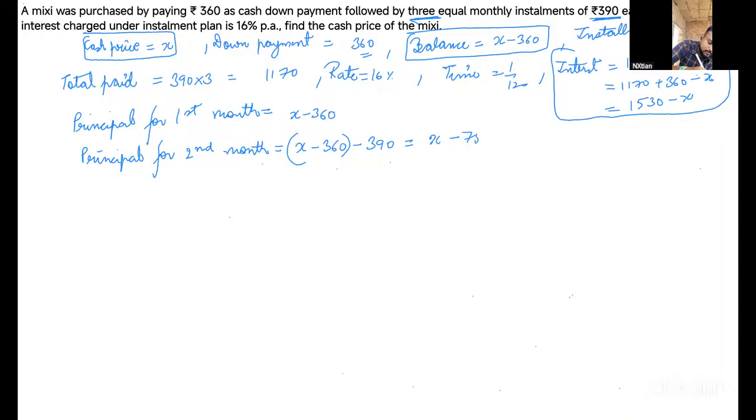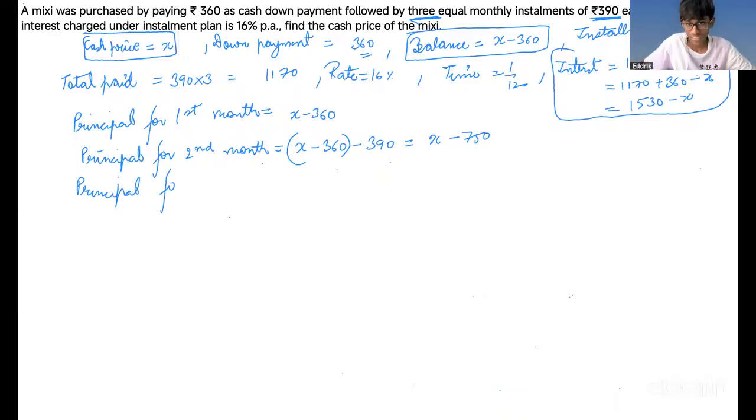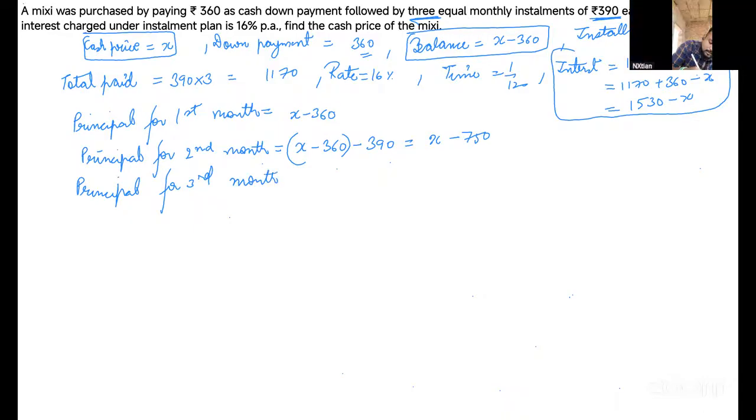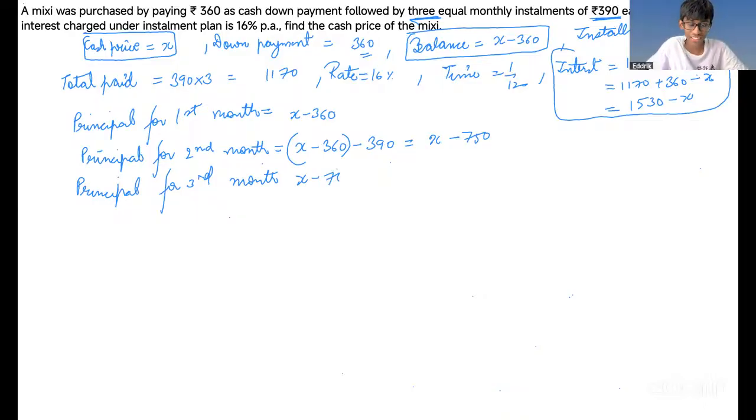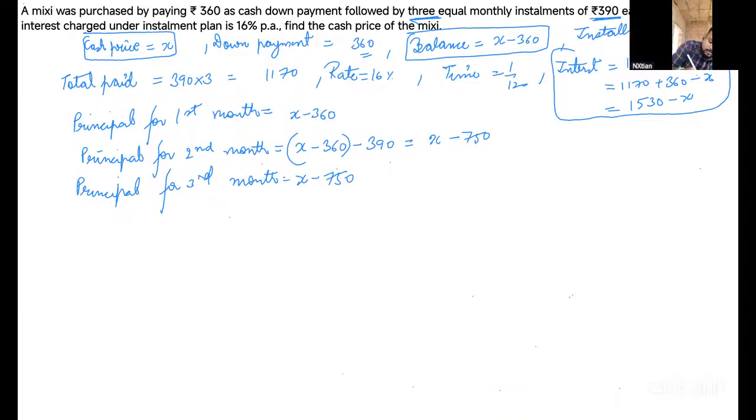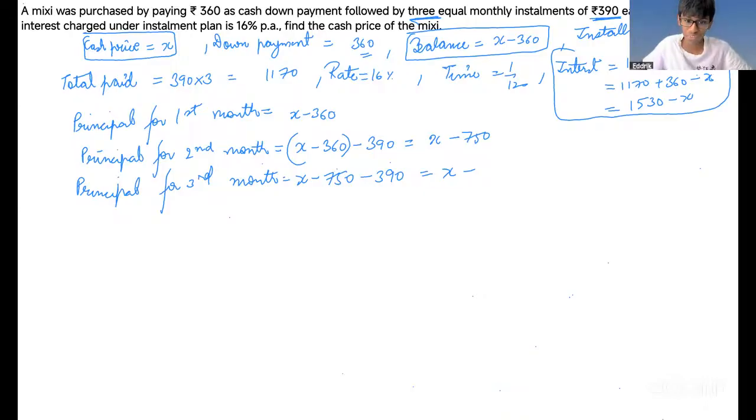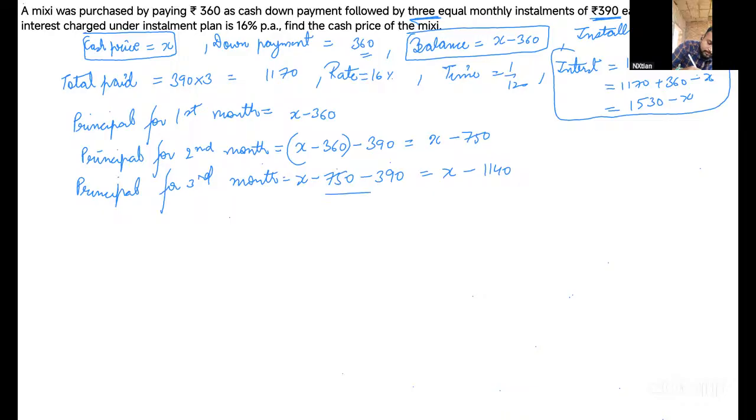Then for the third month, it will become x minus 750 minus 390. Why did you do minus 390? Because 390 is the installment. Yes, good. It will become x minus 1140.